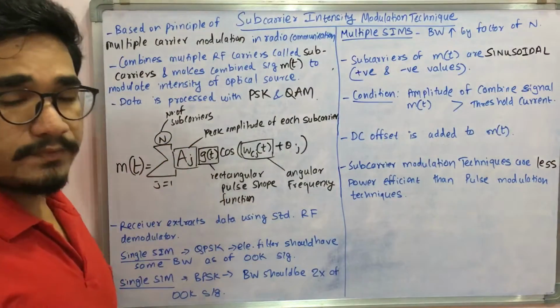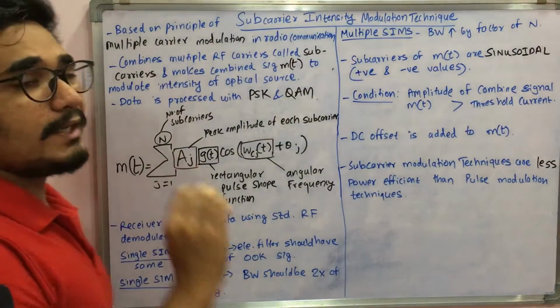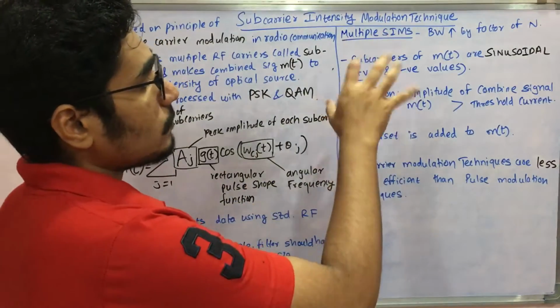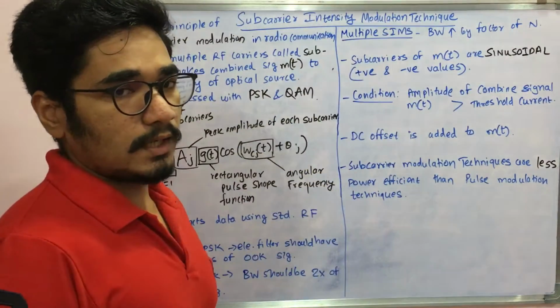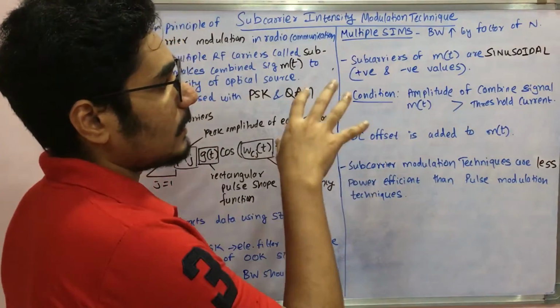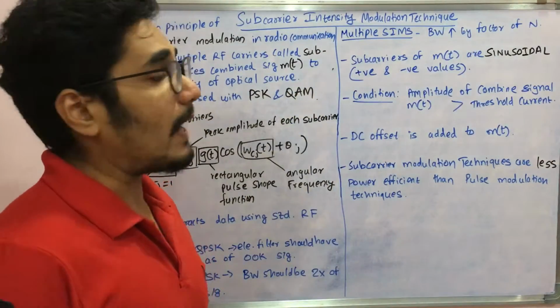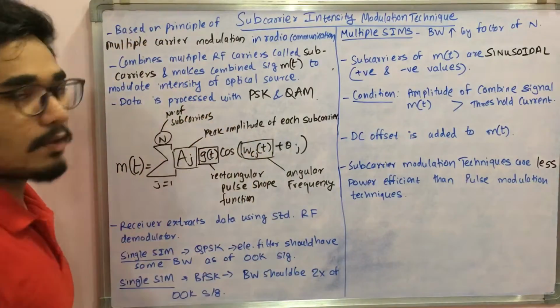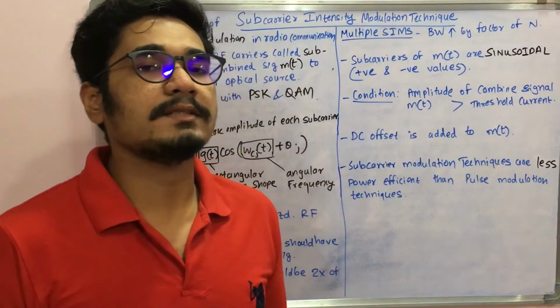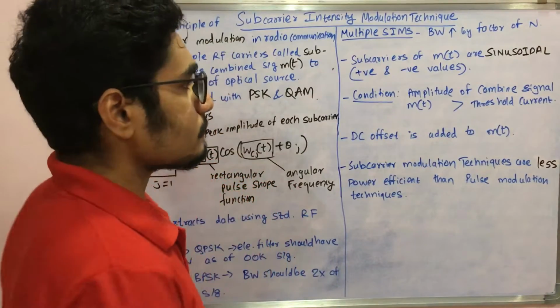So that was the case with single SIM. Now we have multiple SIMs, that is multiple subcarrier intensity modulation. In this there is no such condition, but every time the bandwidth of the signal increases by a factor of N, the number of subcarriers. As you go on changing, it increases with the number of subcarriers.